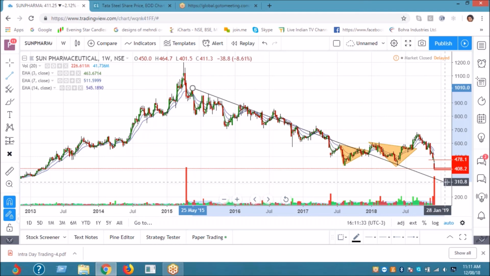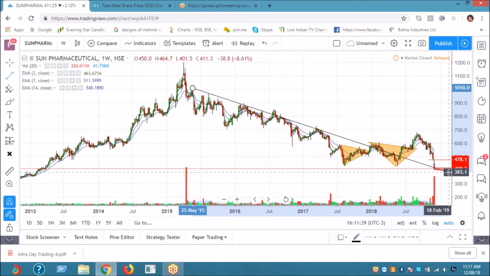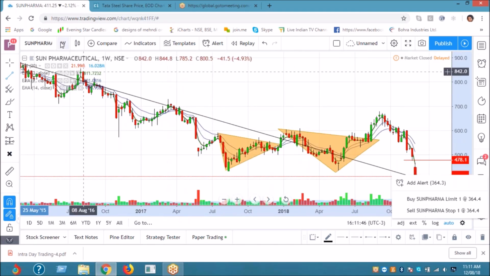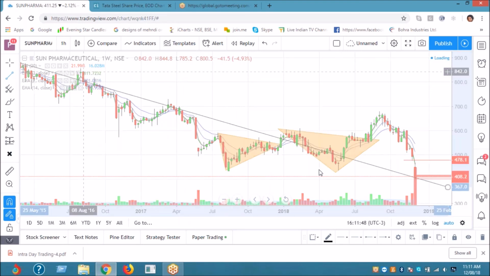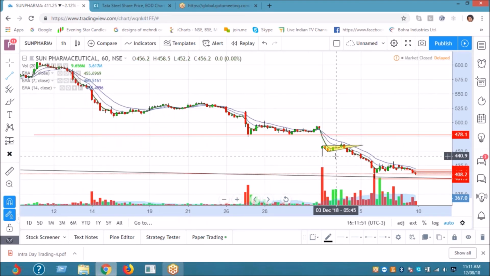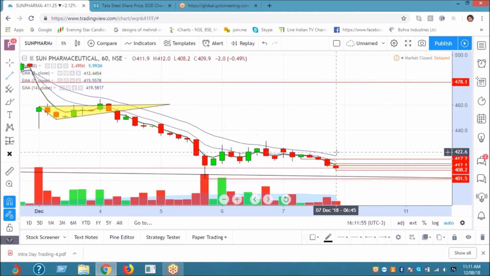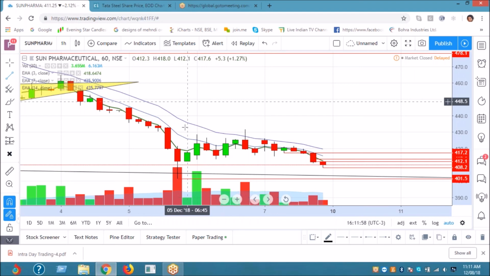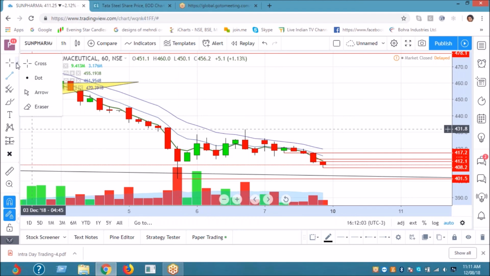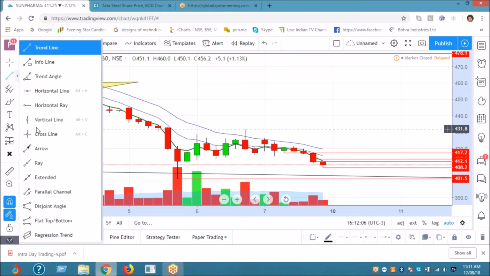So this will give you a support zone. The simple rule says that the parallel band is flipped either side.